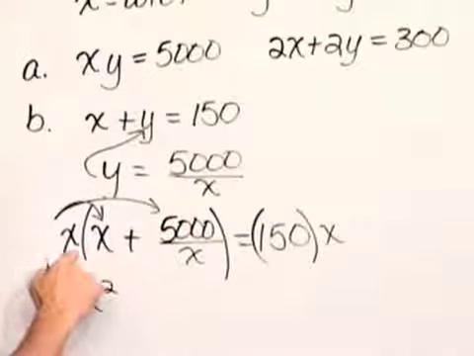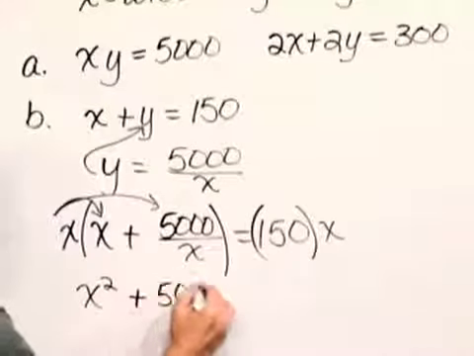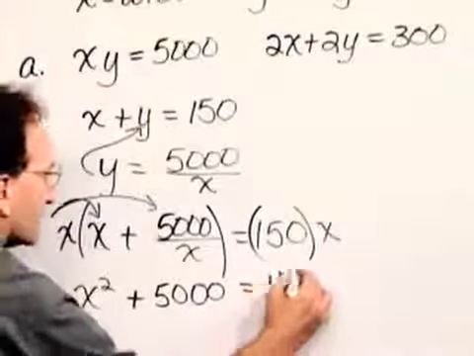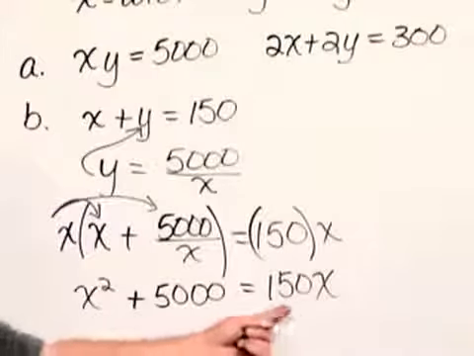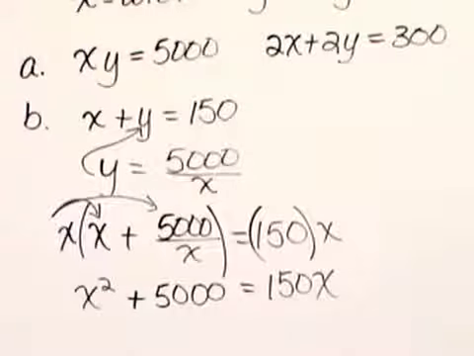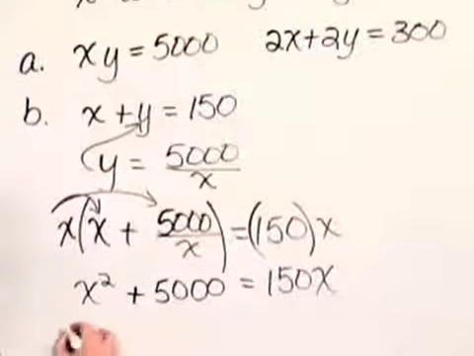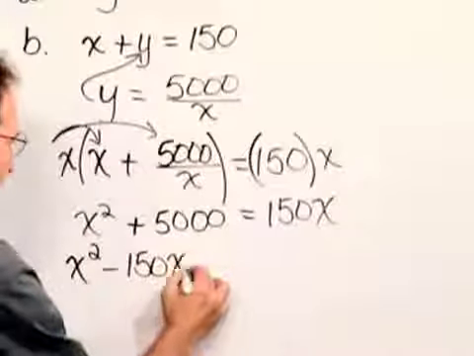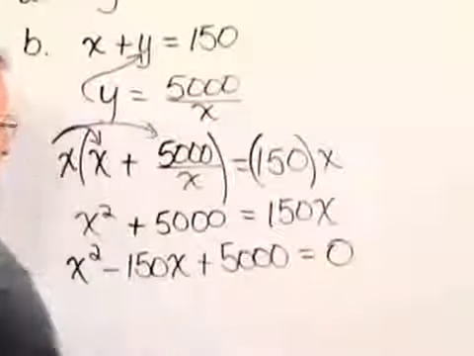And now when we distribute the x here, the x's will actually cancel. So we have plus 5,000, and that equals 150x. Subtracting 150x from both sides so that we have a quadratic equation in standard form, we would have x squared minus 150x plus 5,000 equals 0.